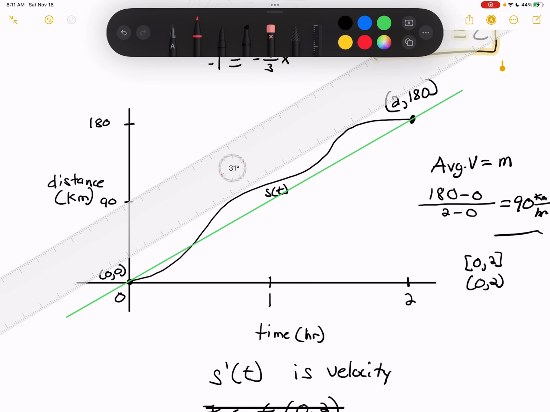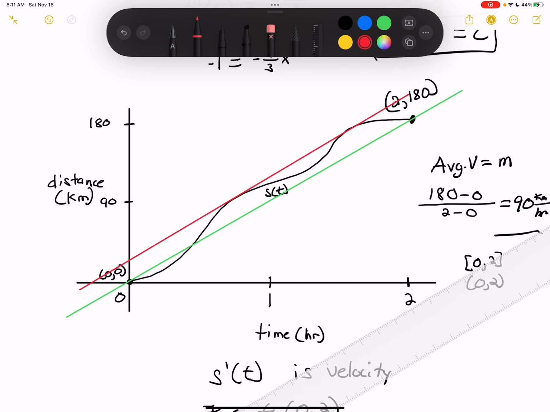And this is not a real function, but I'm doing this just to show you the geometric interpretation. It actually looks like there's a few points where the instantaneous velocity was the same as the average velocity. At this point here, this c looks somewhere around here. And also here. It might be multiple c's. But at least one time, the slope of a tangent line at this point had to be equal to the slope of the secant line, or in this case, average velocity.